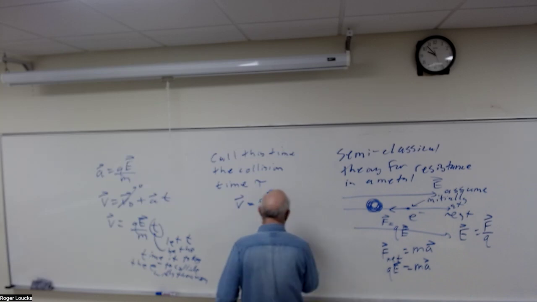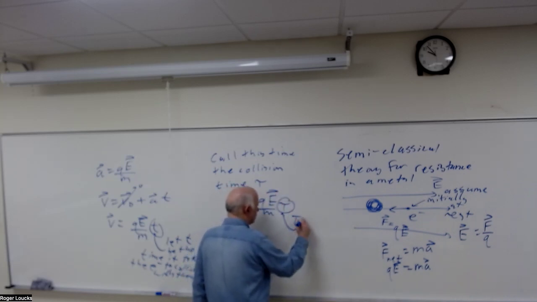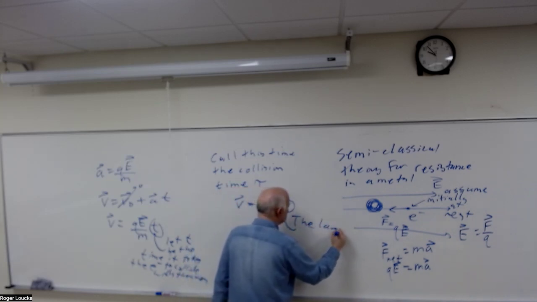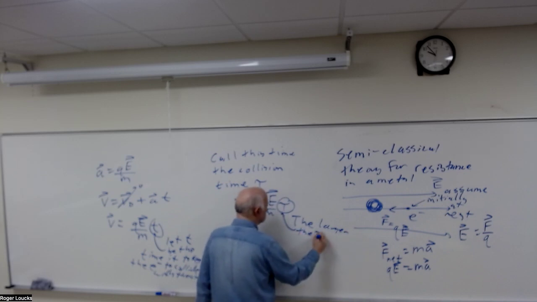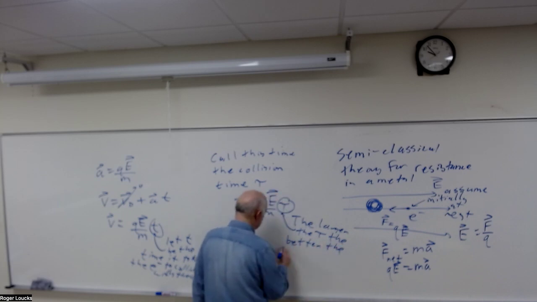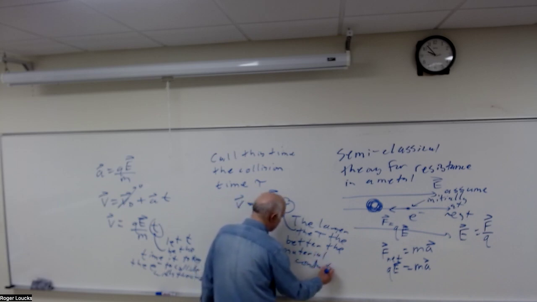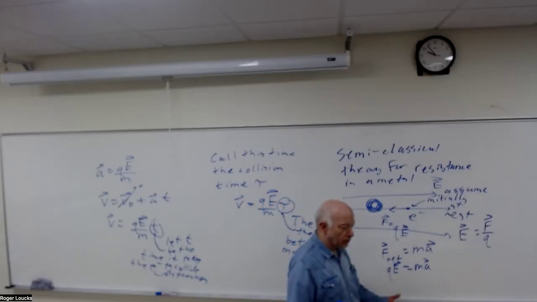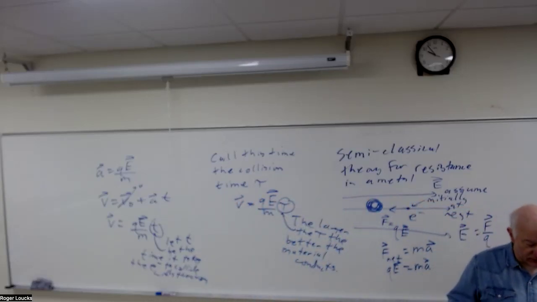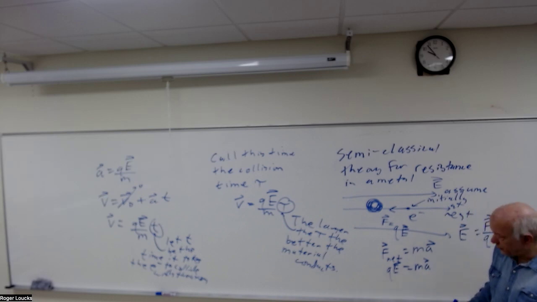So the larger the tau, the better the material conducts. So we're ultimately going to connect macroscopic quantities to microscopic physics, which is the wonderful thing we can do these days.